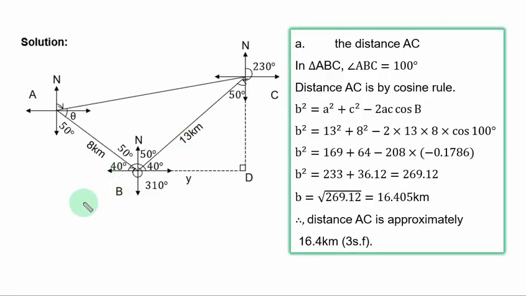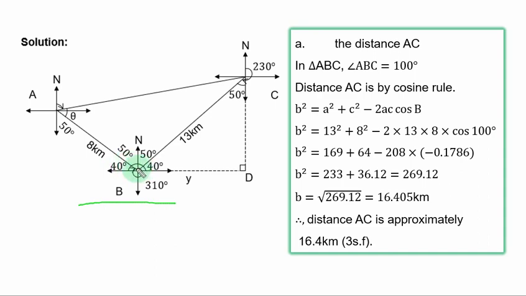You have the adjusted diagram. So the whole of this angle is 310. Here becomes 40 degrees. And here is from the question, here is 50 degrees, which is equal to this part. Now, this is what happened.